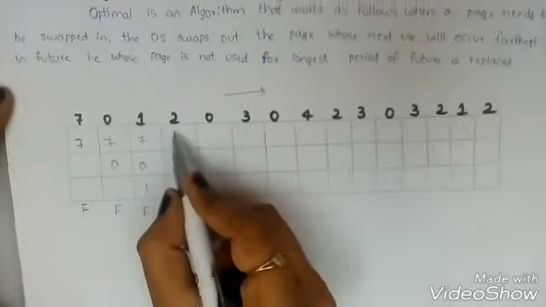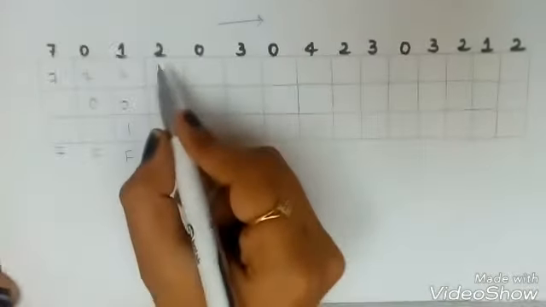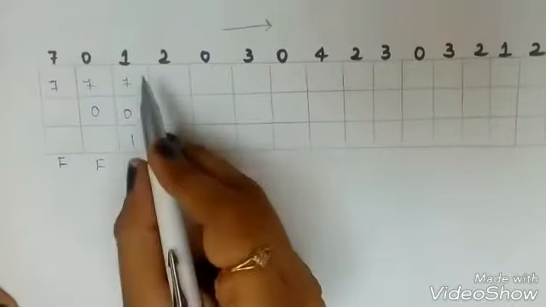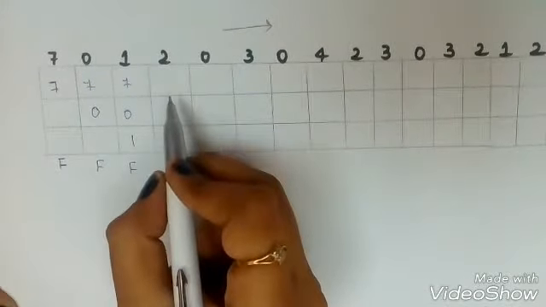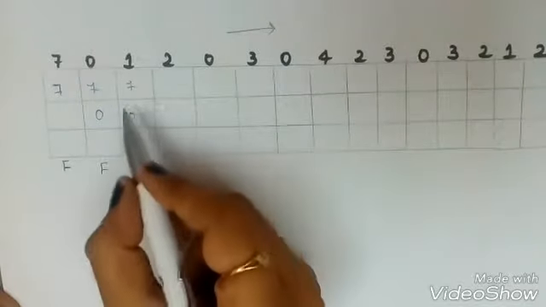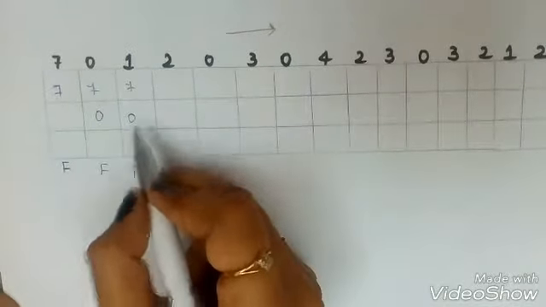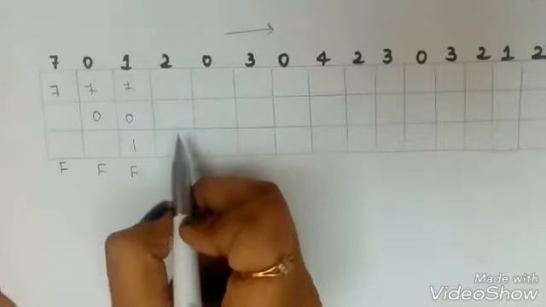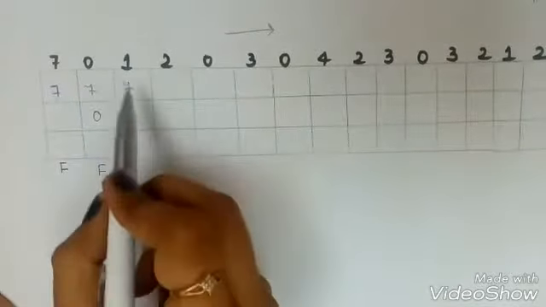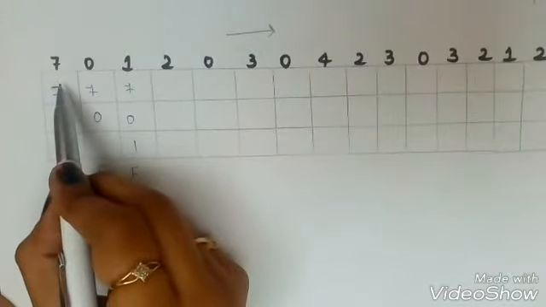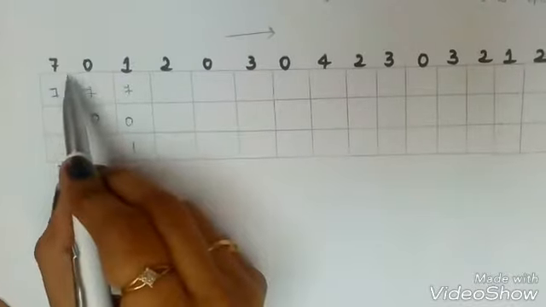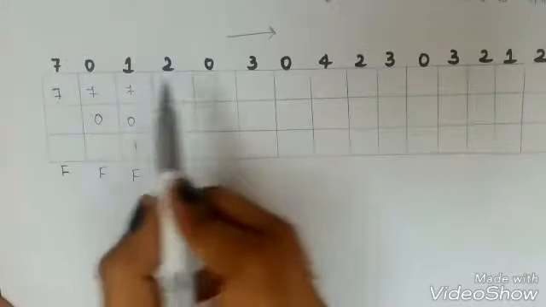Now, 2 has to enter into the main memory, but there are only 3 frames here. In order to put 2 into one of the frames, we have to replace any one of the pages with 2. Since this is optimal page replacement, we have to check the before 3 reference strings. Now, the before 3 reference strings are 7, 0 and 1.